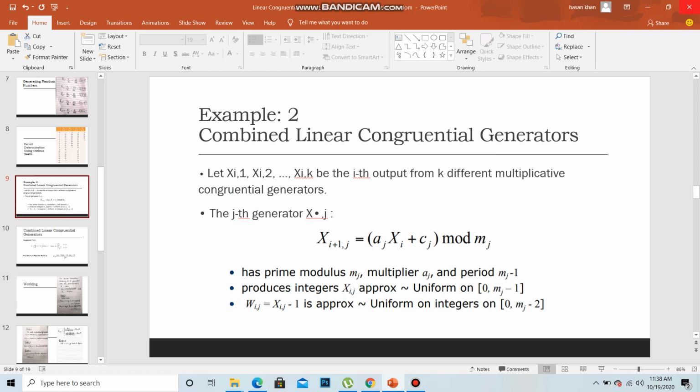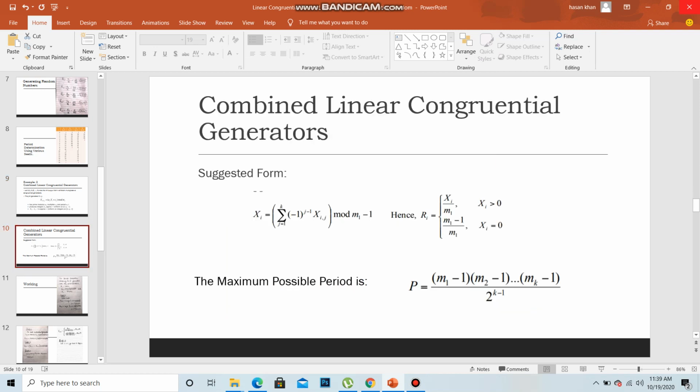As seen over here, let Xi,1 and Xi,2 be multiplicative congruential generators, and there is a slight change in the formula. We just have a j parameter over here. So X(i+1,j) = aj Xi + cj mod mj, with prime modulus mj, and the multiplier a and the constants remain the same.